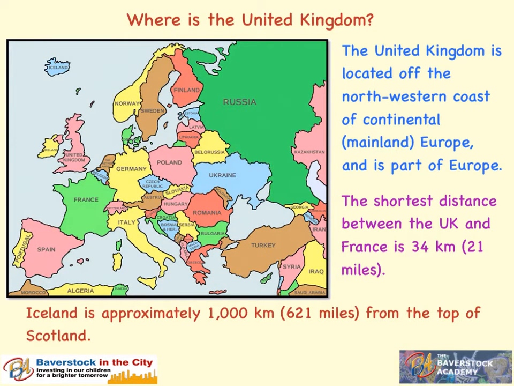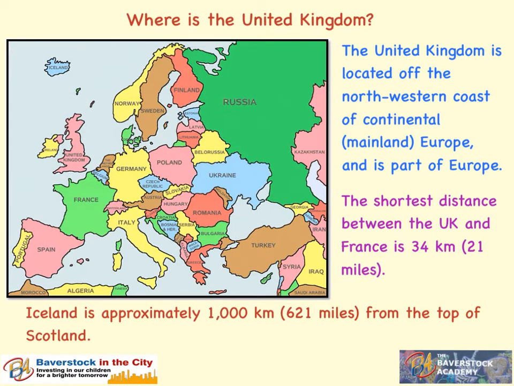It is useful for us to know where the United Kingdom is situated in respect to other countries. The United Kingdom is located off the northwestern coast of continental or mainland Europe. It's here. It is part of Europe, but it is separate from mainland Europe.